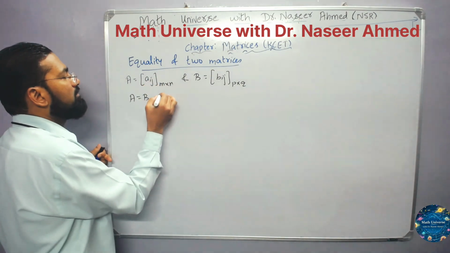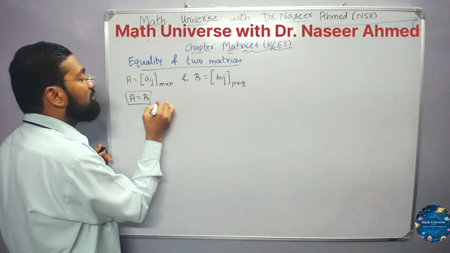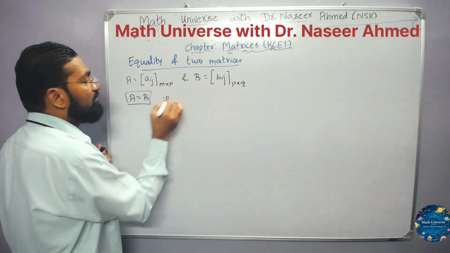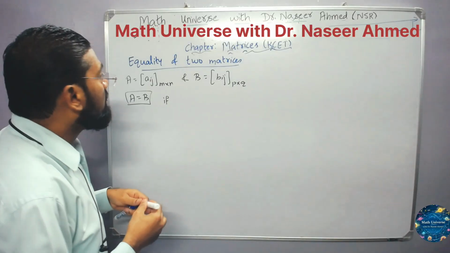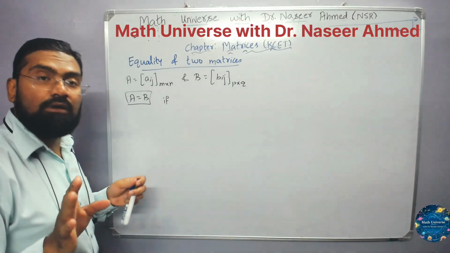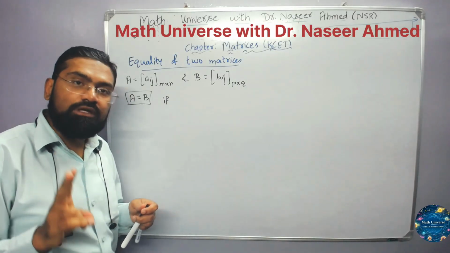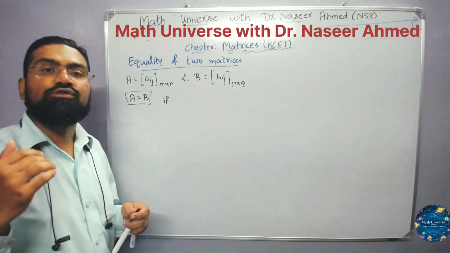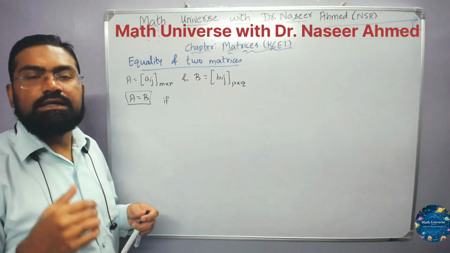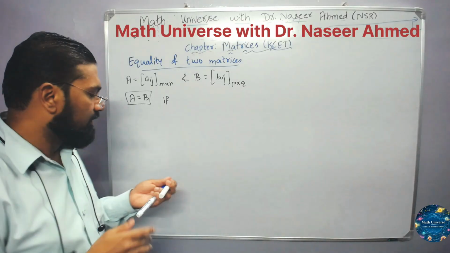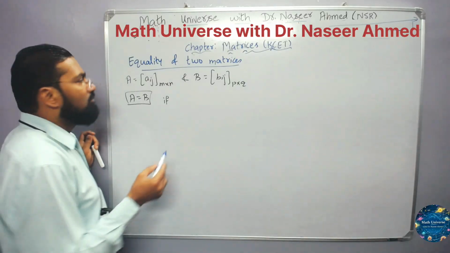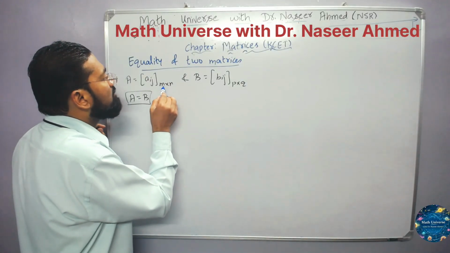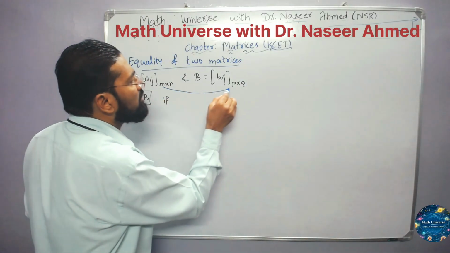Okay, if this is the matrix, these two matrices are said to be equal, provided, or if, when do we say they are equal? Number of rows, see, they should be of same order. We say two matrices are said to be equal if they are same order. As soon we say of the same order, many will think it's a square matrix. No, no, no, need not be. Here we are saying, when I say same order, here M stand for number of rows, that should be equal to number of rows here.